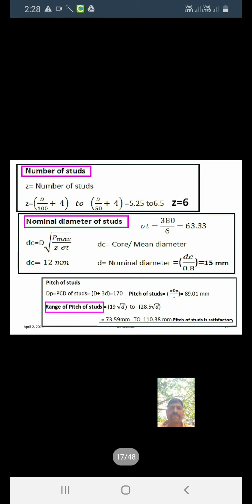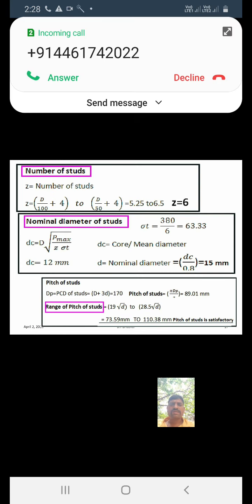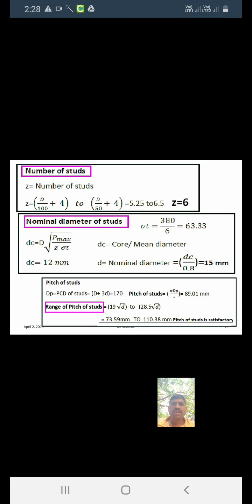4.66 MPa. The number of studs is denoted by Z or N. Some books have given N, or some books have given Z. Z is the number of studs. Z is equal to, you know the formula, D divided by 100 plus 4, or 2 D divided by 50 plus 4.